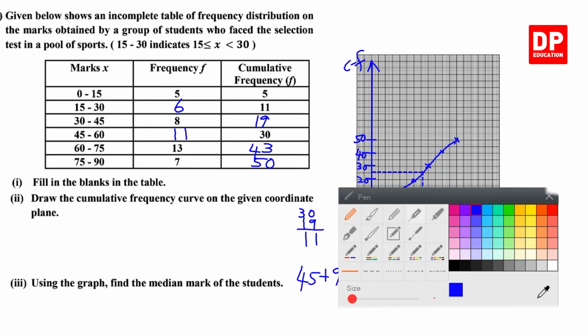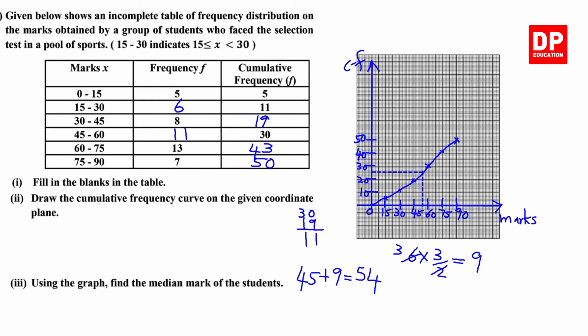So let's give marks for this one. So 6, 19, 11, 43, 50, you get 3 marks for that. And then drawing the cumulative frequency curve, you get 3 marks. And finding the median mark, you get 2 marks.